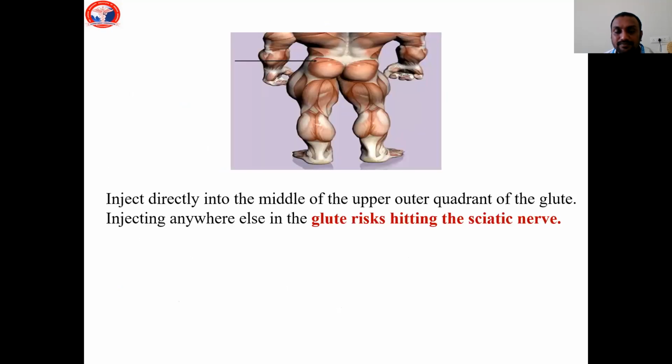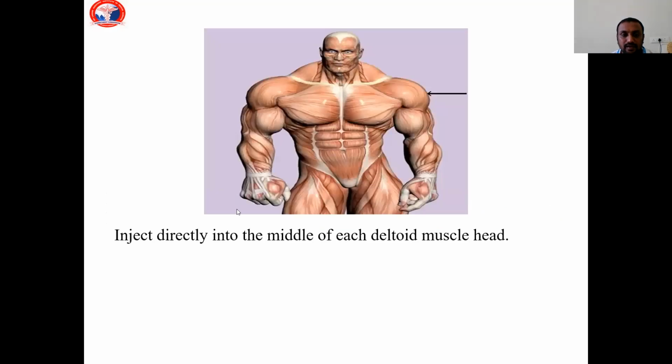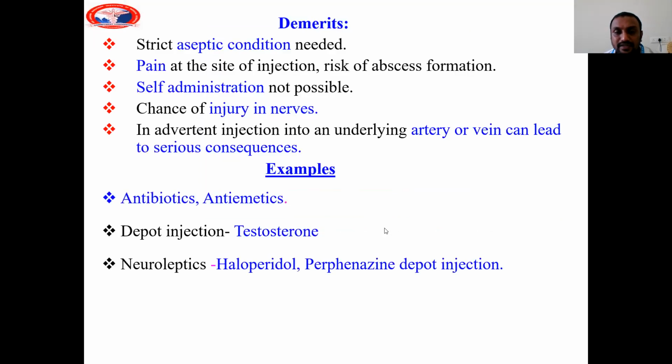Coming to the demerits, this picture shows the site of injection in the upper outer quadrant of the gluteal region, where there is a risk of hitting the sciatic nerve, and injection directly into the middle of the deltoid muscle. These are some of the commonly used sites where an IM injection can be given.